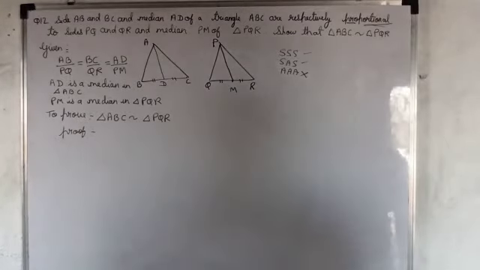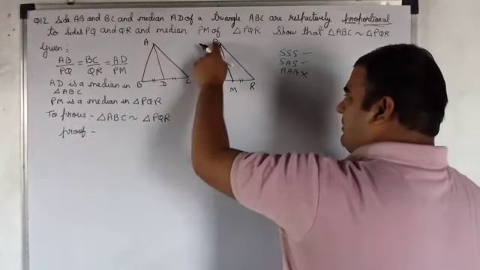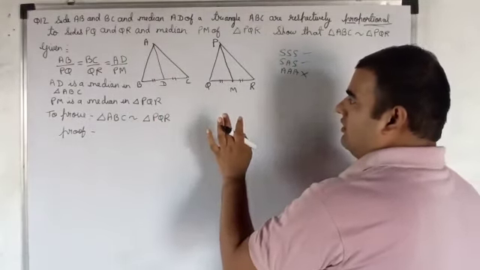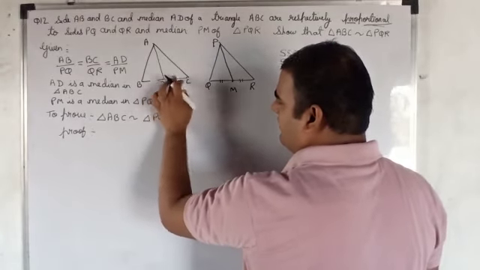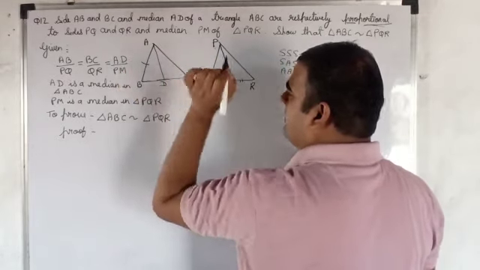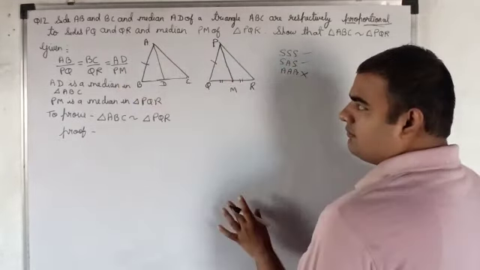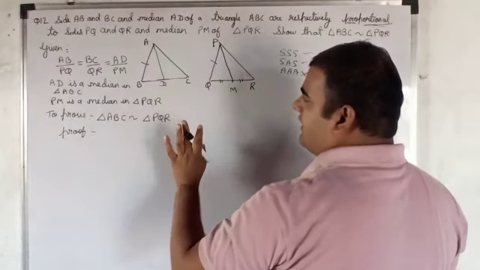Now, since I need to show ABC and PQR are similar, now we have the given data. I will erase this double line. Now we know AB is proportional to PQ, AB upon PQ. Okay, they are in some ratio.